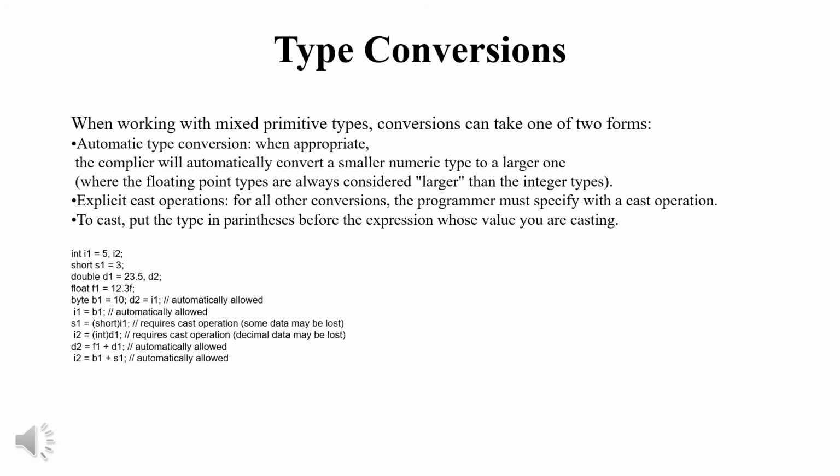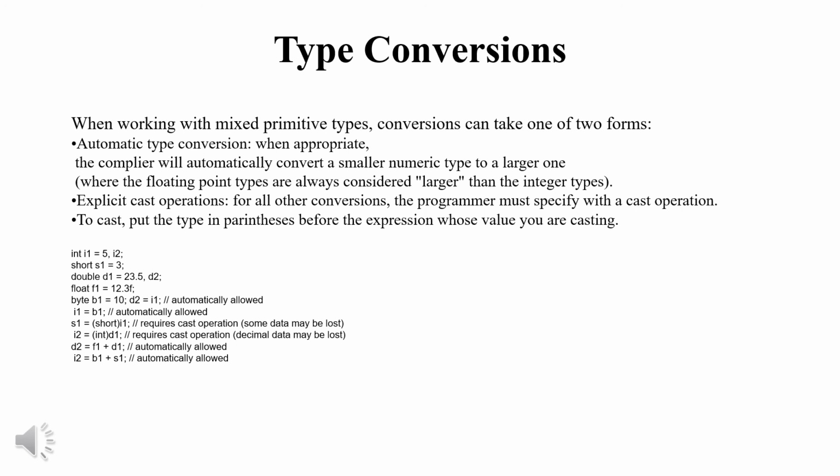So then we have I1 equals B1. I1 is integer, but B1 is byte, right? So as a result, the value of I1 would be the same as the value of B1, and their types would be integer.